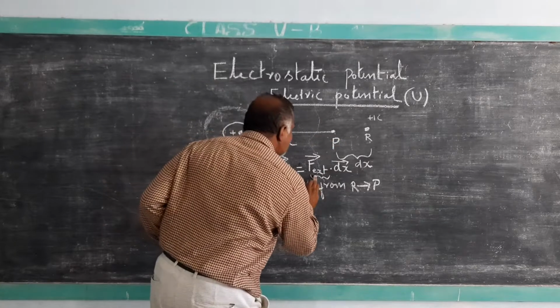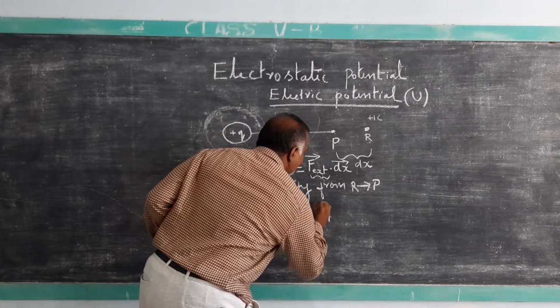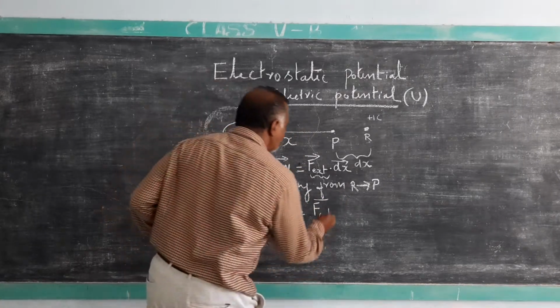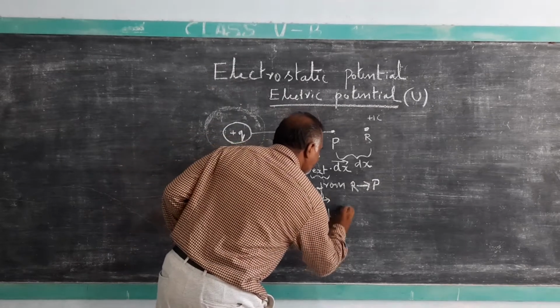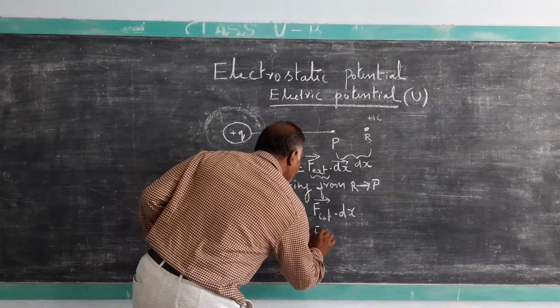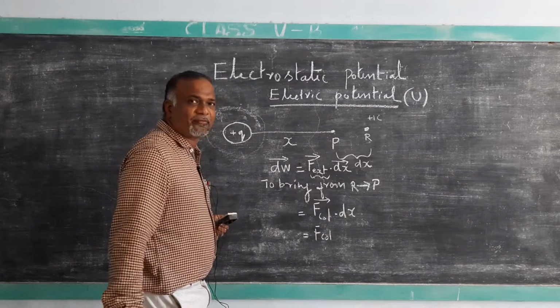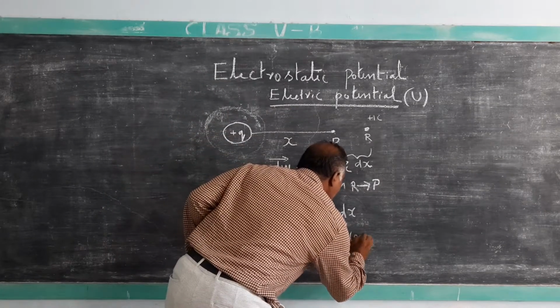So I replace F external with F Coulomb. F Coulomb dot dx can be written as the dot product F dx cos theta.